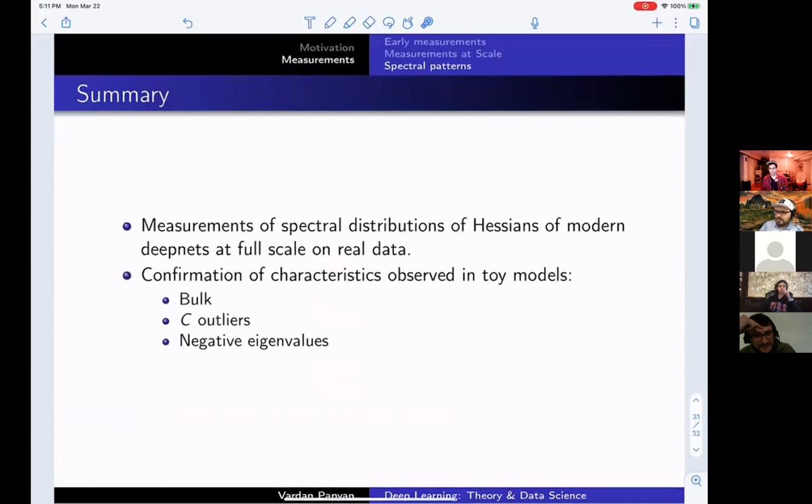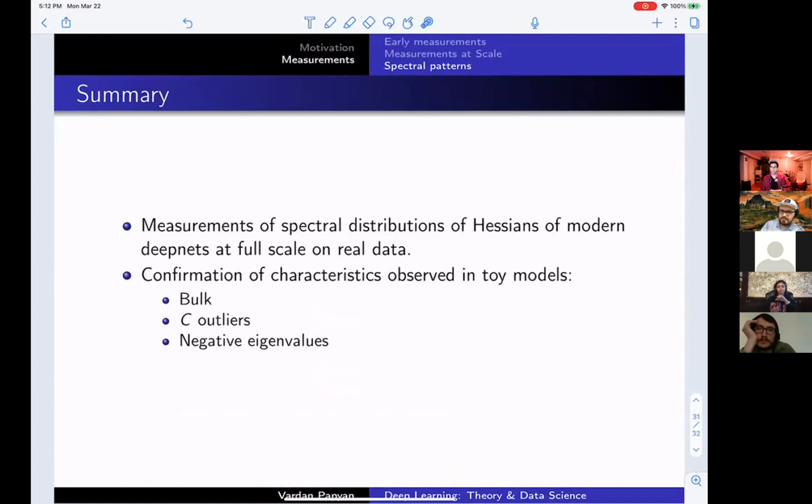Okay, so the summary is that you can measure the spectrum of the Hessian of modern deep nets at scale. You do it basically using the Lanczos algorithm. The Lanczos algorithm reduces the Hessian to a small tridiagonal matrix. We calculate the eigenvalues of the tridiagonal matrix. We create Gaussian bumps, we weight the Gaussian bumps, sum them, and we get an approximation of the spectrum.